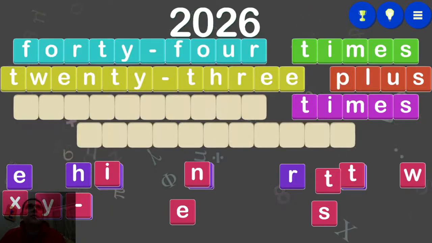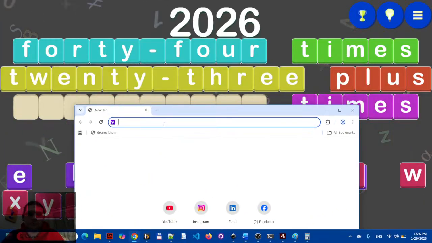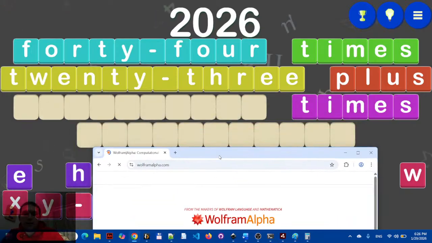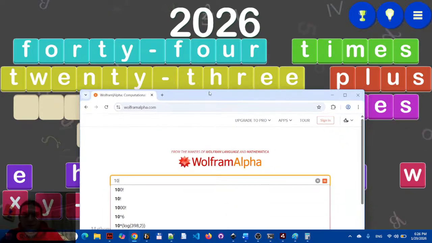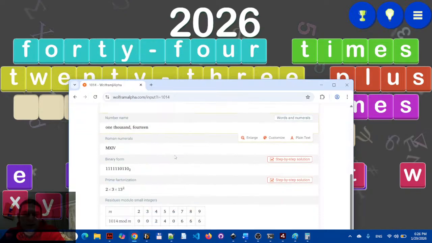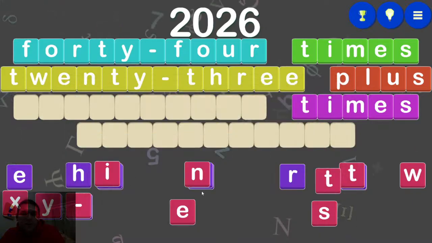I'll just open it in another tab. So we need number 1014. And let's look at how it factors. It's 2 times 3 times 13 times 13.